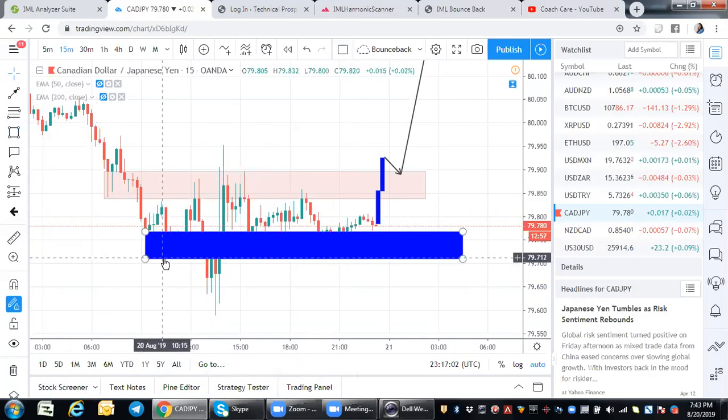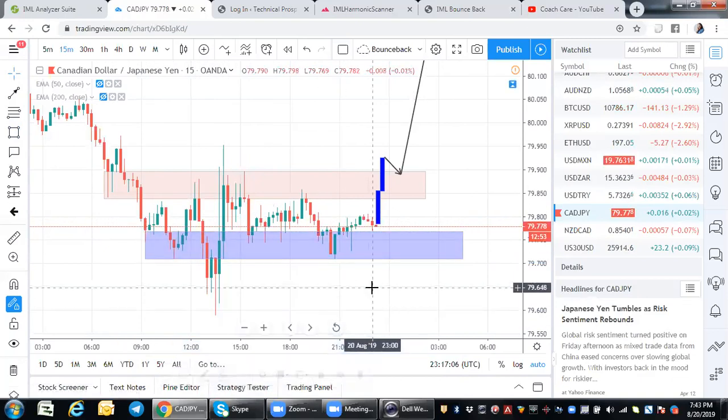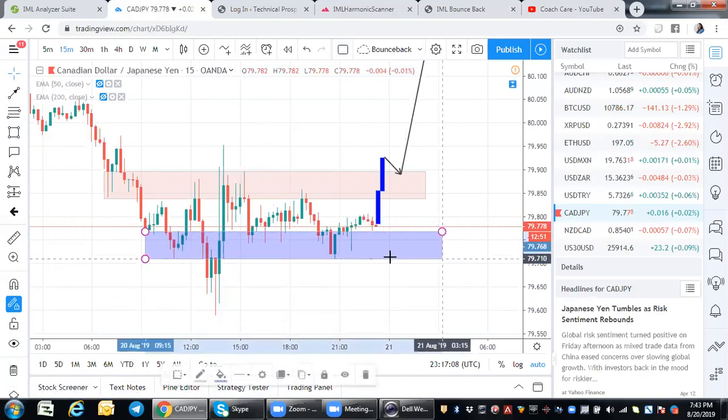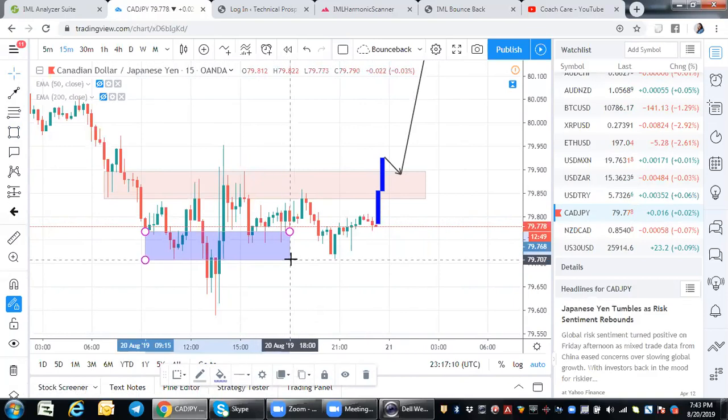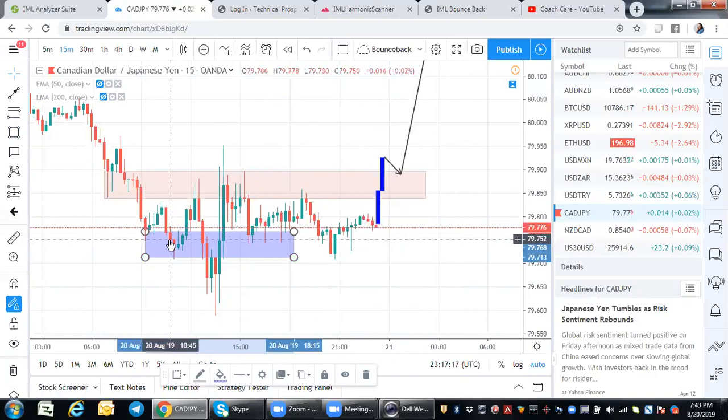Let me make this lighter. Let's say the only data you had when Bounceback called this trade was that, even if you didn't know it was a head and shoulders pattern, you could see the market basically reversing and forming loops in this area.